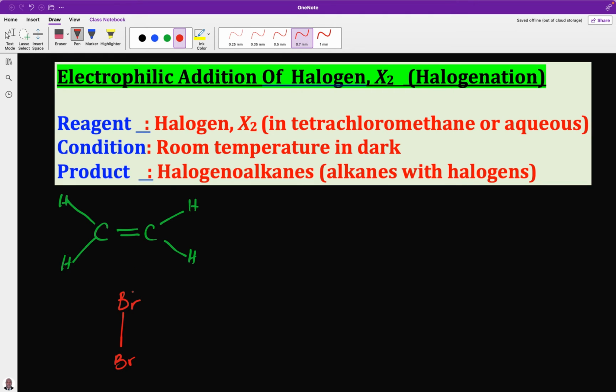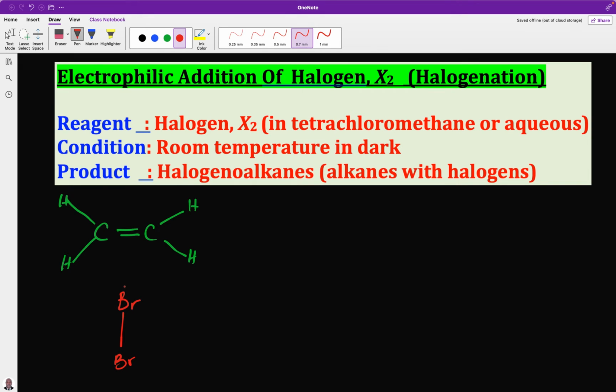But you should know that as the bromine molecule approaches this cloud of high electron density, as the bromine molecule is approaching the ethene molecule, what happens? A cloud of the high electron density of the pi bond around the carbon-carbon double bond will induce a dipole.